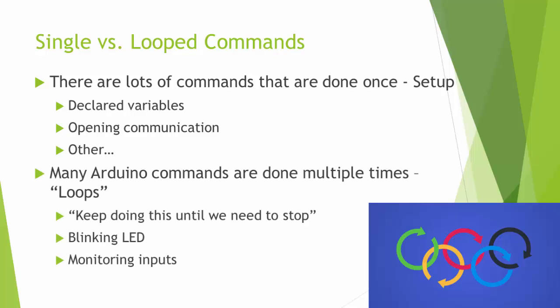However, most devices execute commands multiple times, and Arduino is set up by default to do this, to execute commands over and over again in what we call a loop, and keep doing this until there's some reason to stop. We already saw this with a blinking LED, but we can see this with lots of other things like monitoring inputs and things like this.